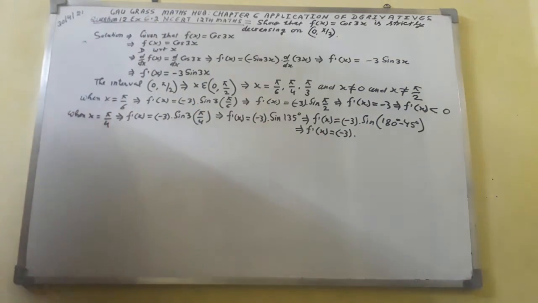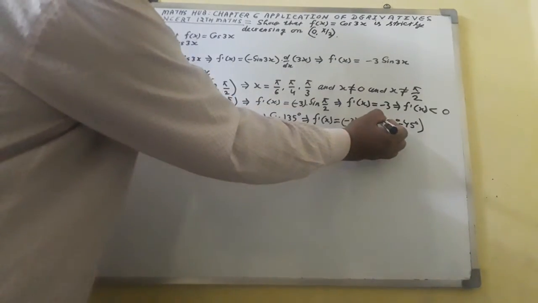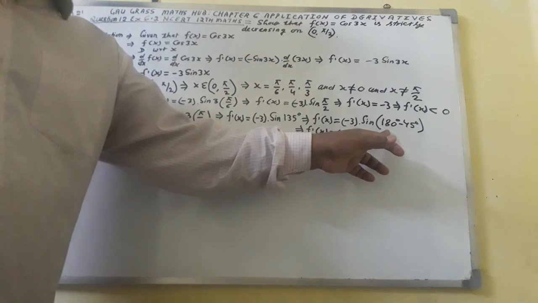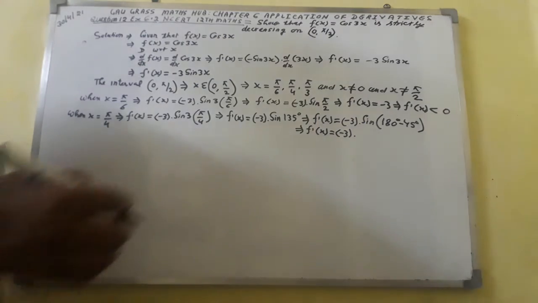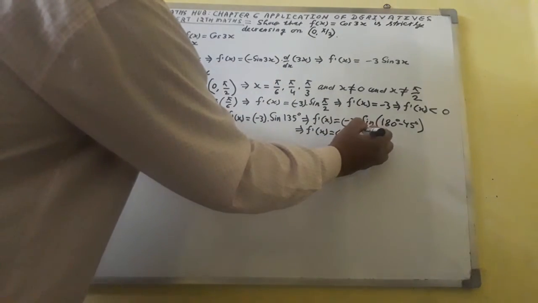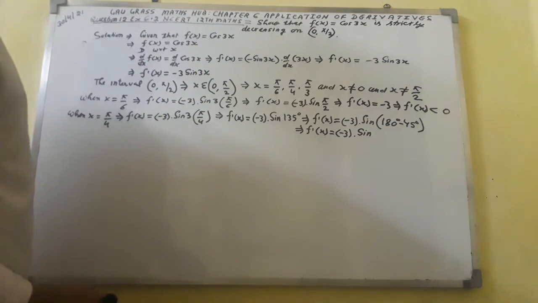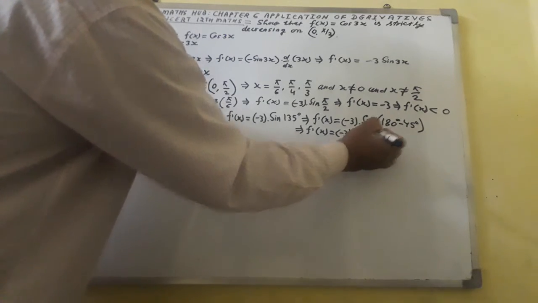and sine 180 minus 45. This means that it will fall in the second quadrant. In the second quadrant, sine and cosec will be positive. So here sine will be positive, and since 180 degree is there, it comes out to be 45 degree.